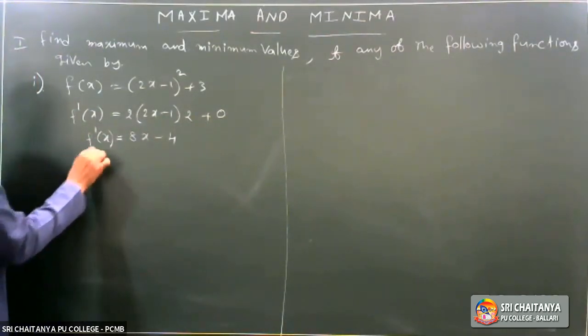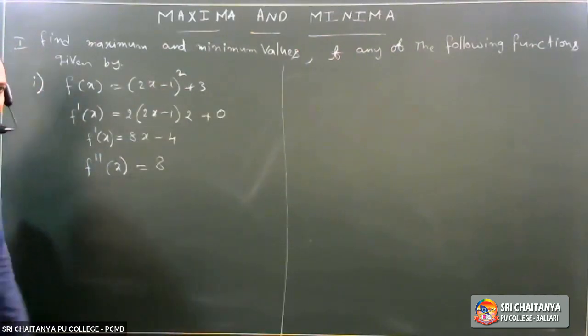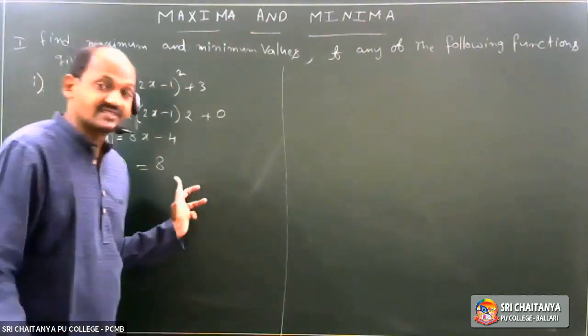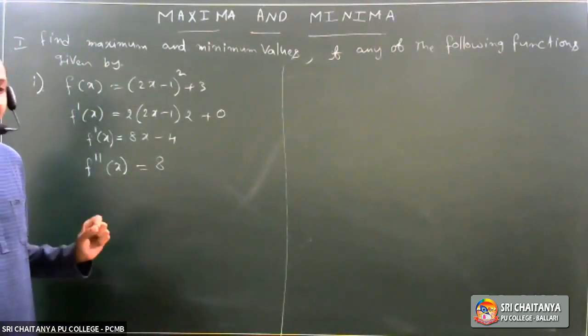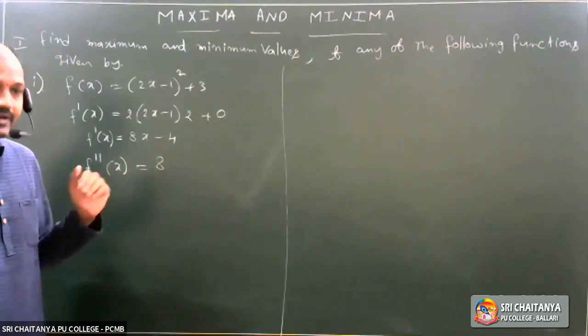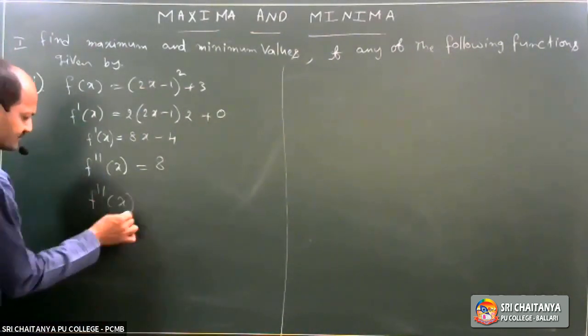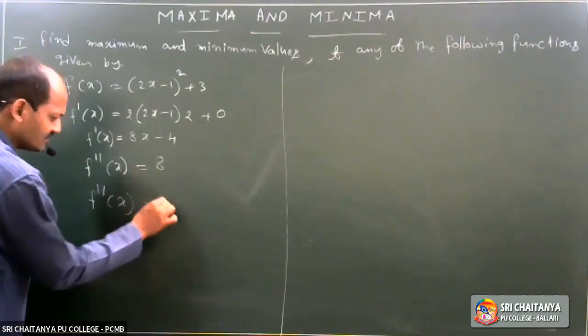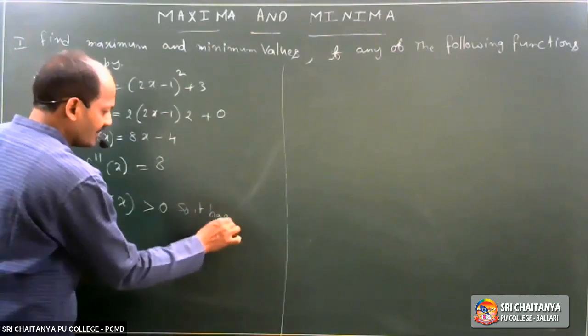What about the second derivative? It is 8. Second derivative is plus 8. Second derivative positive, therefore clearly the function has a minimum. So f double dash of x is greater than 0, so it has a minimum.